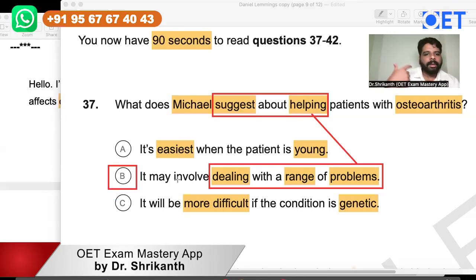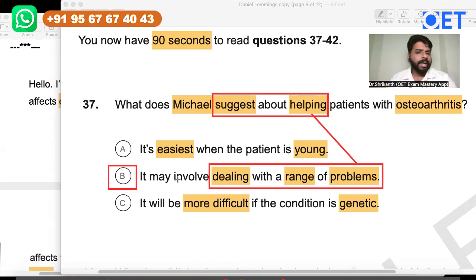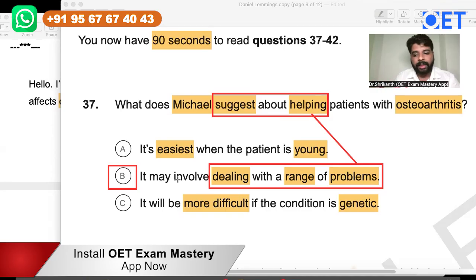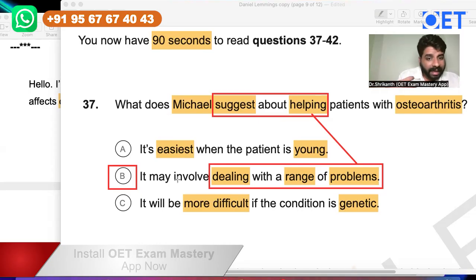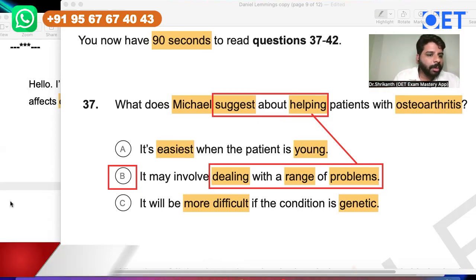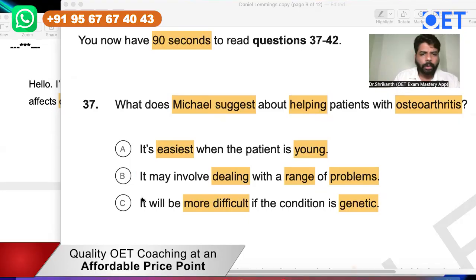Right. So now let's see why answer option A and answer option C are incorrect. Now again, choosing answer option B is not very easy. So the least you can do, if you're finding this very difficult, is eliminate the incorrect answer options one by one. Over here, answer option A says it's easiest when the patient is young.